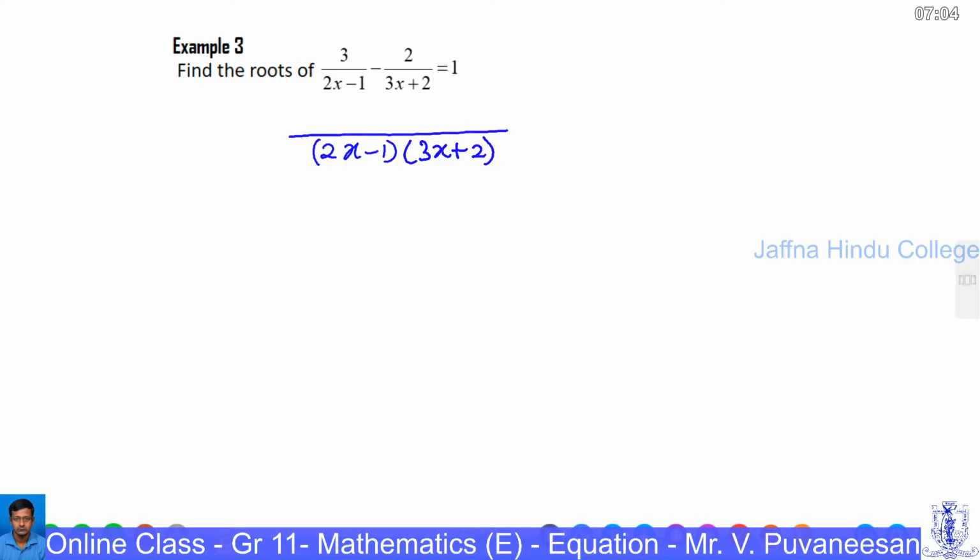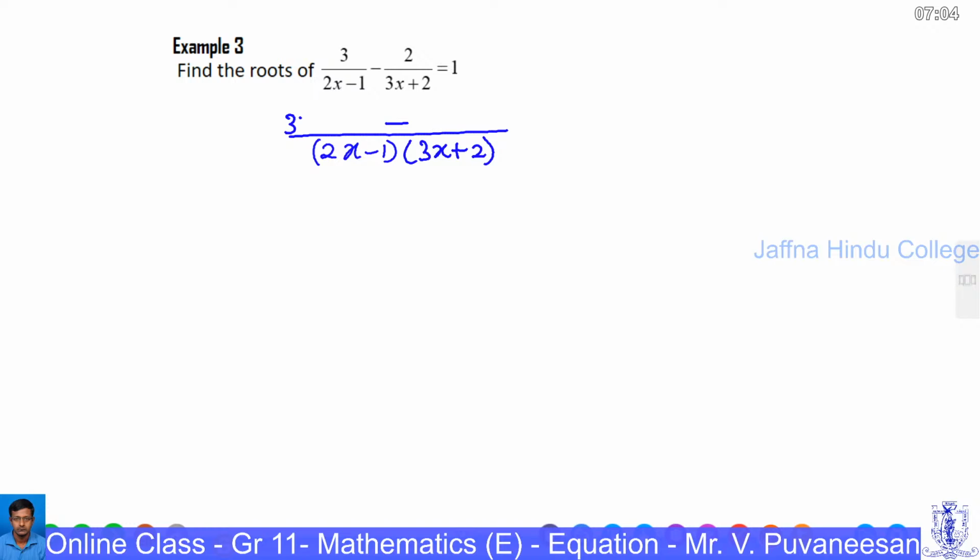If it is the LCM, we put the numerators in this fraction. Now we put the denominator as 2x minus 1 into 3x plus 2.